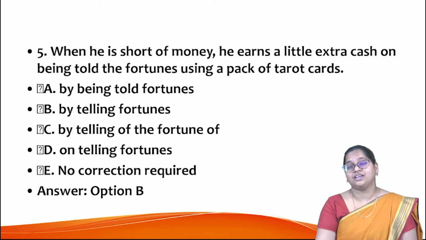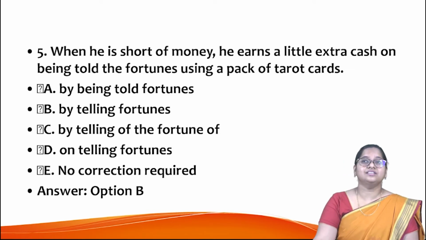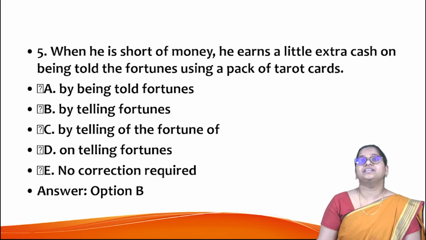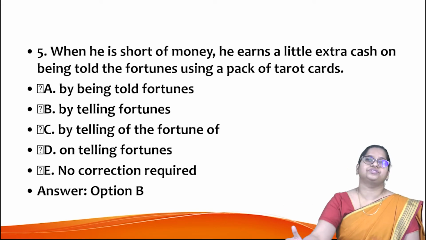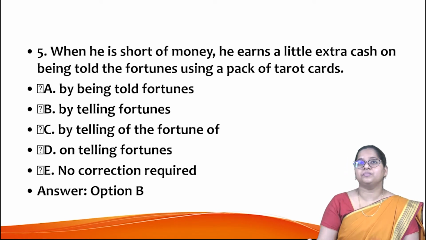Yes, this conveys a meaningful sense. Or he earns a little extra cash by telling of the fortune of using a pack of tarot cards. Grammatically, it is wrong. You don't say by telling of the fortune of tarot cards.